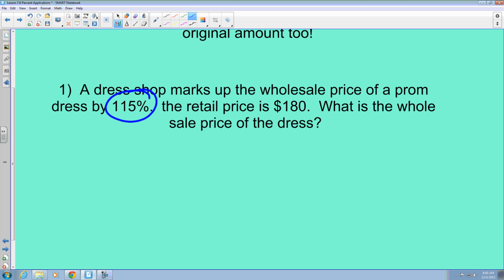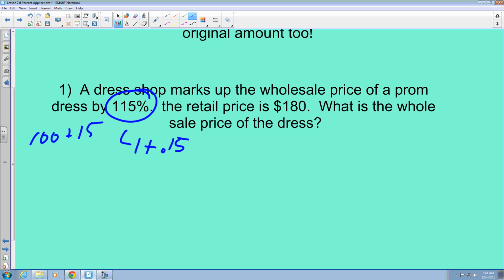So basically when you look at the original equation in the front of our notes, when we talk about retail price, this here is basically the 1 plus the 0.15. So the 100% plus the 15%.